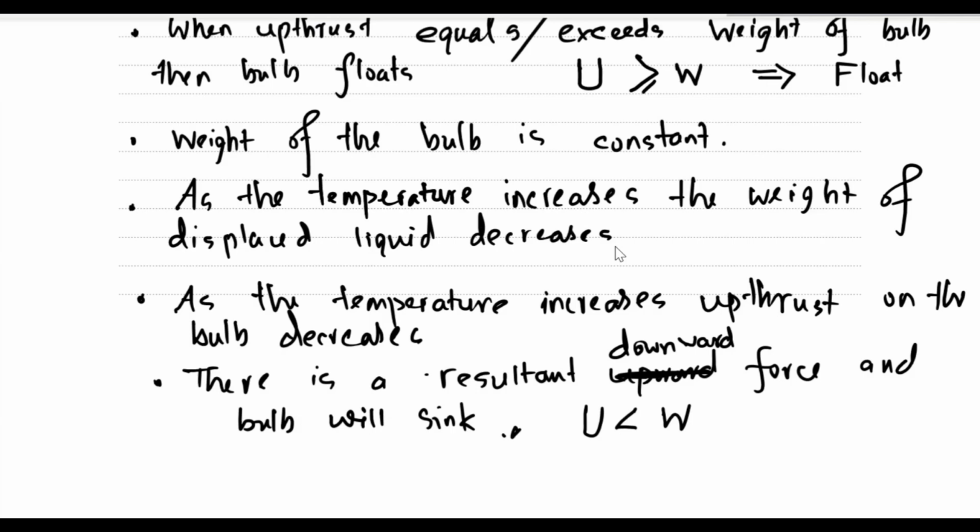So weight is greater, so the bulb will sink. When weight of the object is greater than upthrust force, that means downwards resultant force, then it will sink.